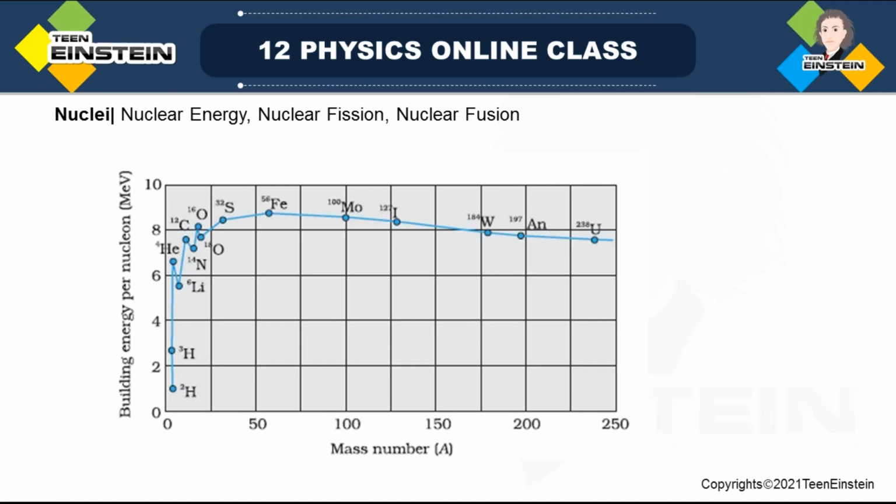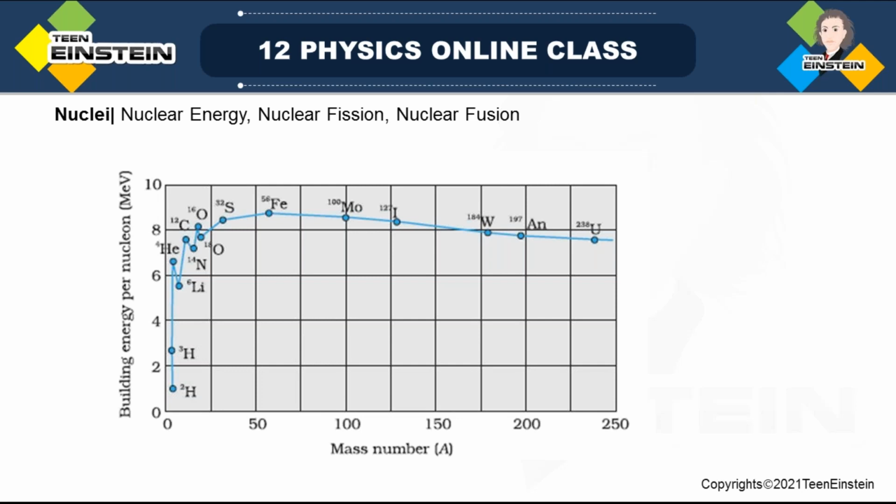Now, there are two important reactions. These are obviously nuclear fission and fusion, which are very important in our modern life.